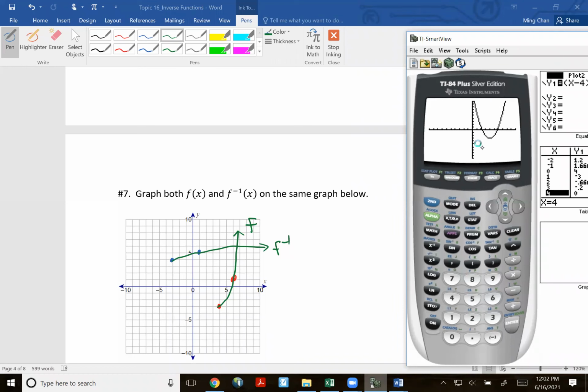So in the calculator, I cannot take off this half of it. But if I know I'm only looking at half of it, I can still draw a parabola open to the right, and I'm only going to pick half of it. I must be picking the top ones because I kind of know what it looked like.